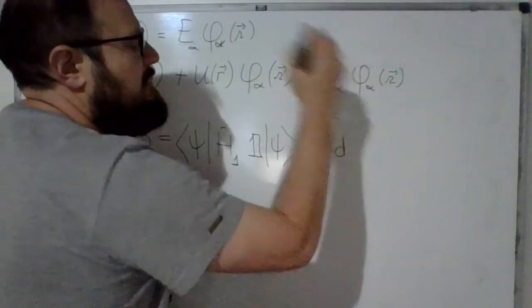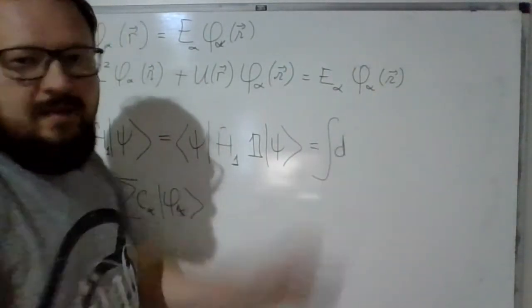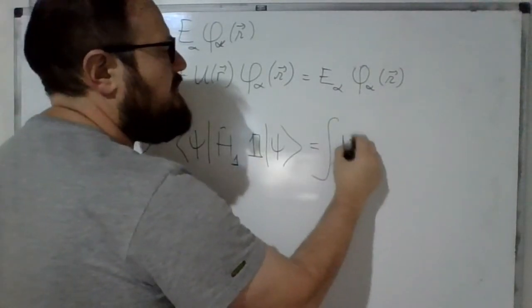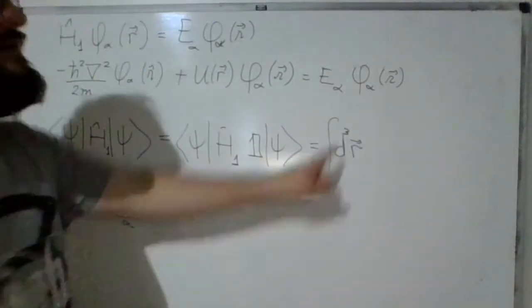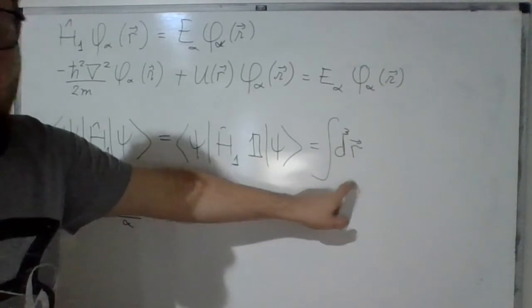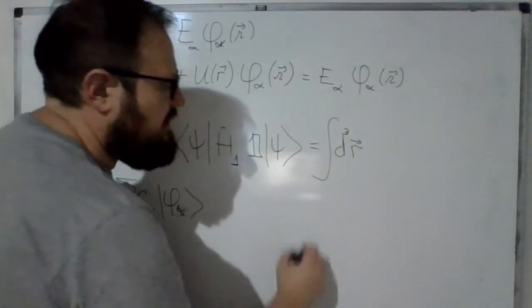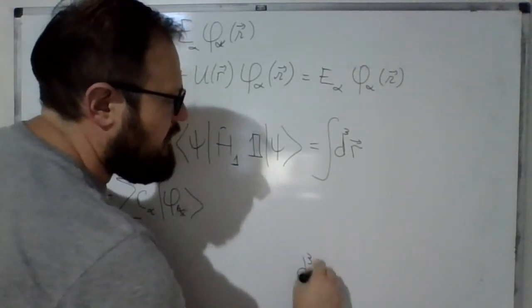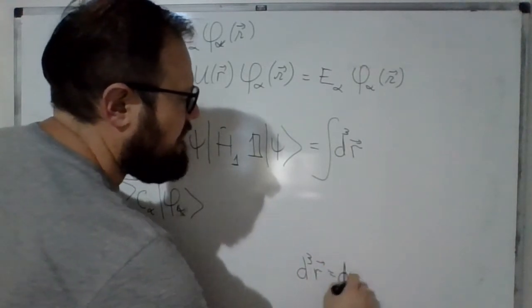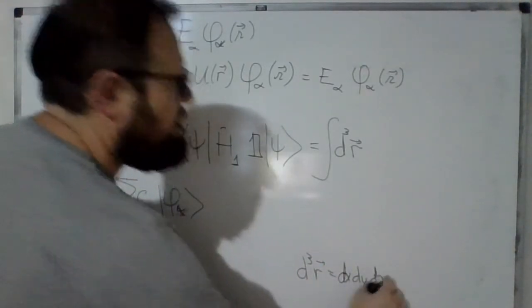So in d dimensions, suppose 3 dimensions, you need to integrate over the volume. So in 3 dimensions it is a 3-dimension integral, so dx, dy, dz. Okay, so d3r is dx, dy, dz.